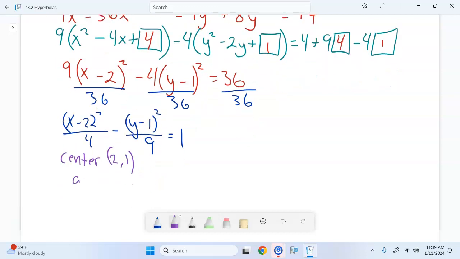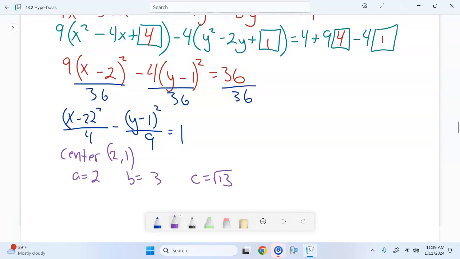What's A? 4, 2. What's B? 3. What's C? Find it. How did you do B? A squared, B squared, square root of, root 13. Oh, because it's A, 4 squared, plus 9. 4 plus 9. That's square root 13. Not 3.